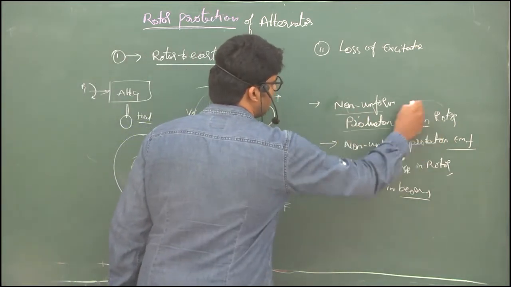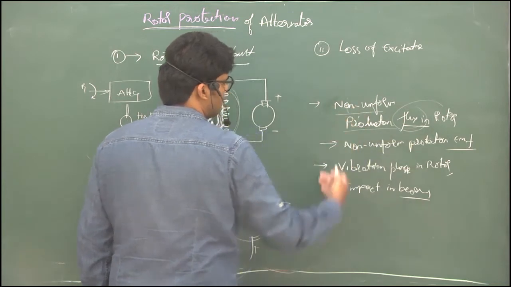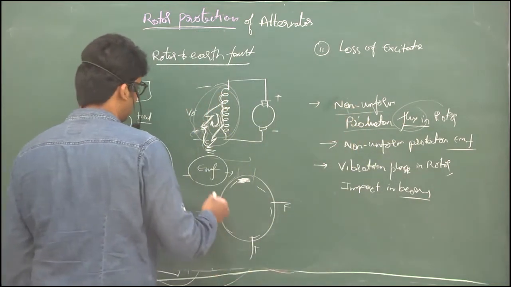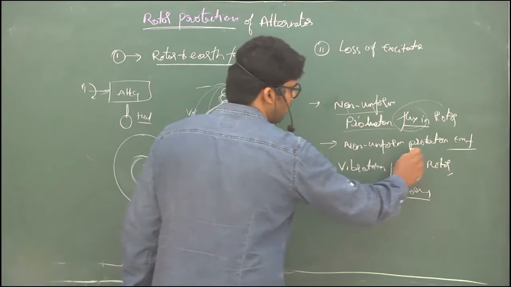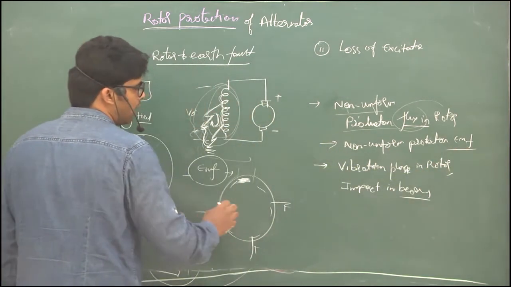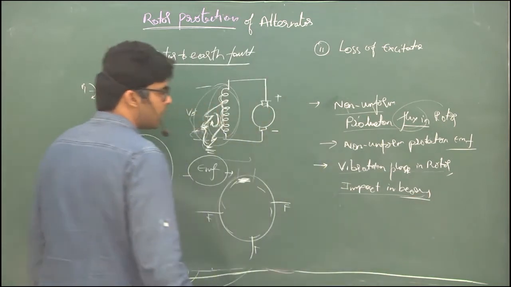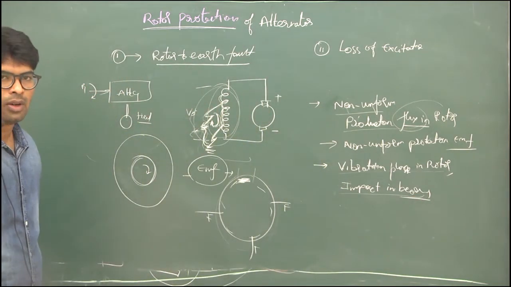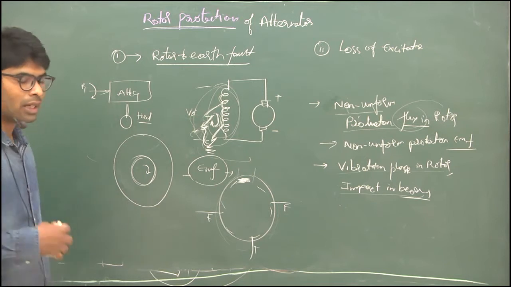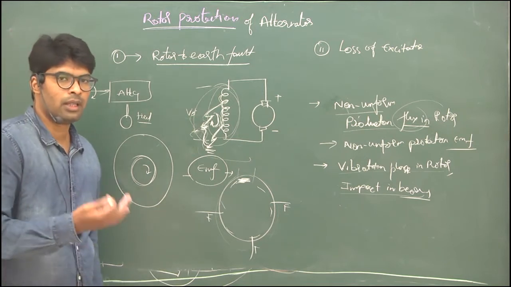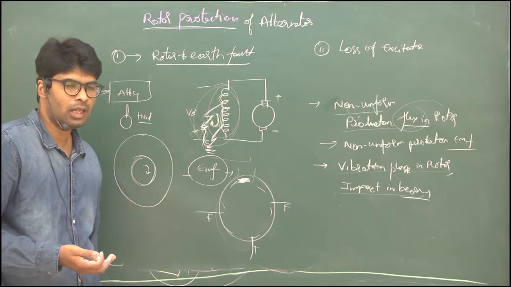Why is all this happening? Non-uniform production of flux in the rotor will not produce a uniform EMF in the stator winding, and will produce vibration in the rotor as well as an impact on the bearing of the rotor. So these are all disadvantages. If the disadvantages continue, what about the field in the system? It will reduce.